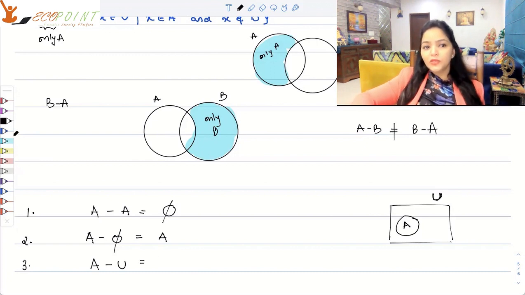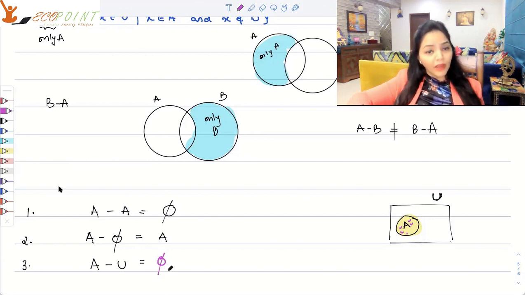If you take out the entire universal set from it, that would mean that you are taking out all the entries that are in A as well. So if you are taking the universal set out of A, nothing will be left. No entry would be left. So A minus the universal set will give you phi.